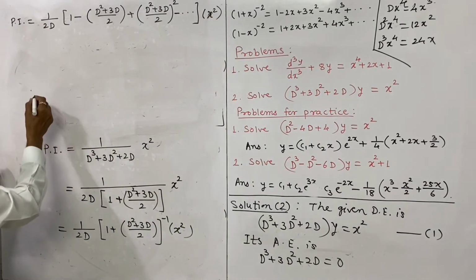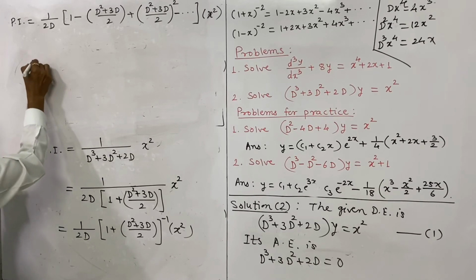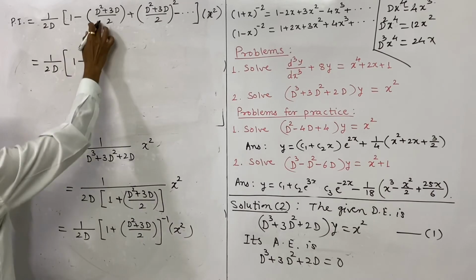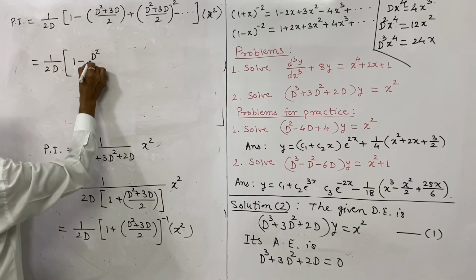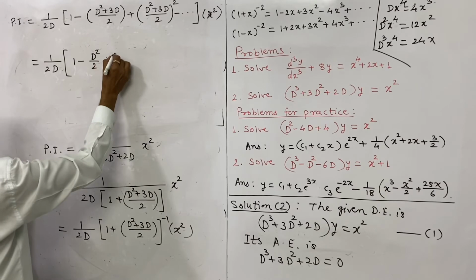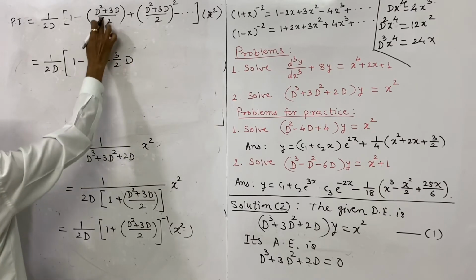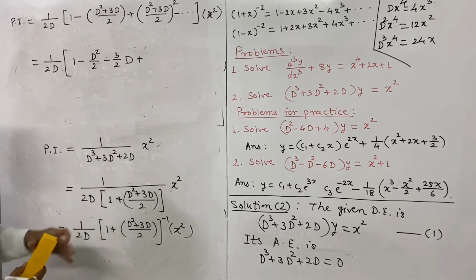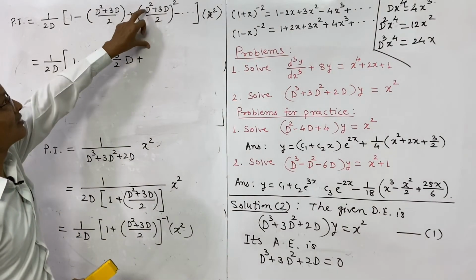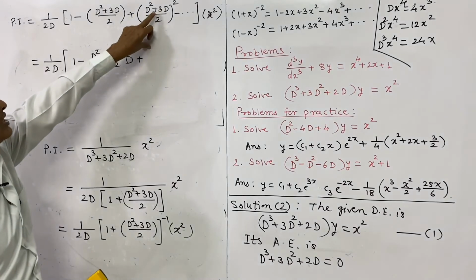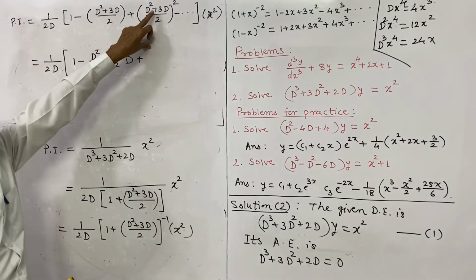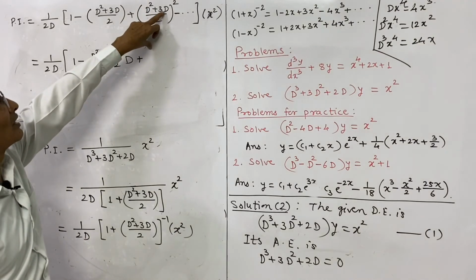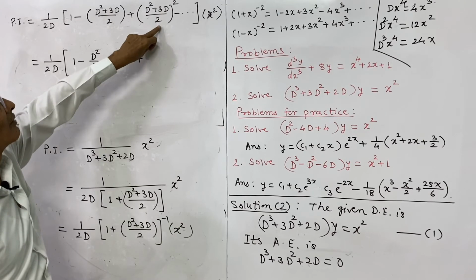And now this is equal to 1 by 2d into bracket 1 minus d square by 2 plus 3 by 2 times d, negative sign of both, and in the expansion the term is positive. The higher power term is d power 4, and the middle term is 3 into 2 is 6, 6d cube, and the next is 3 square is 9d square divided by 4.